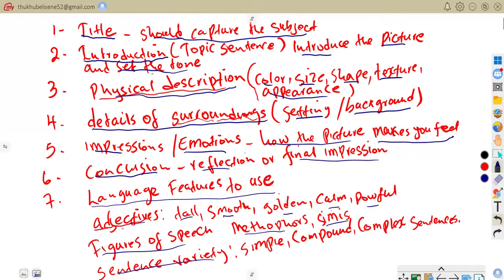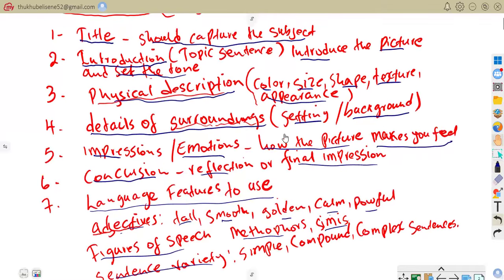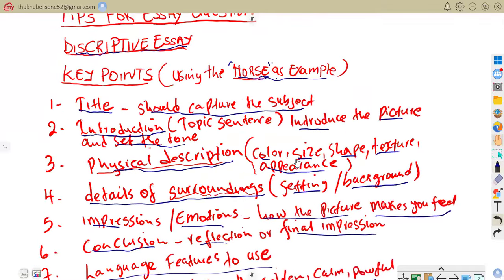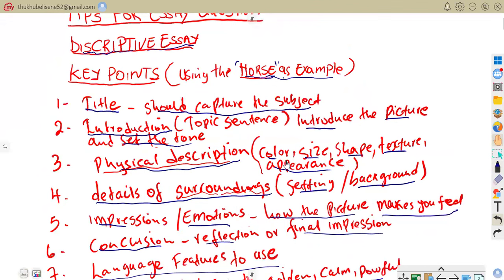These are key points that you are to use when writing a descriptive essay. These are very important. When writing an essay, make sure your essay has all these key points, because this is how the examiners mark the essay.